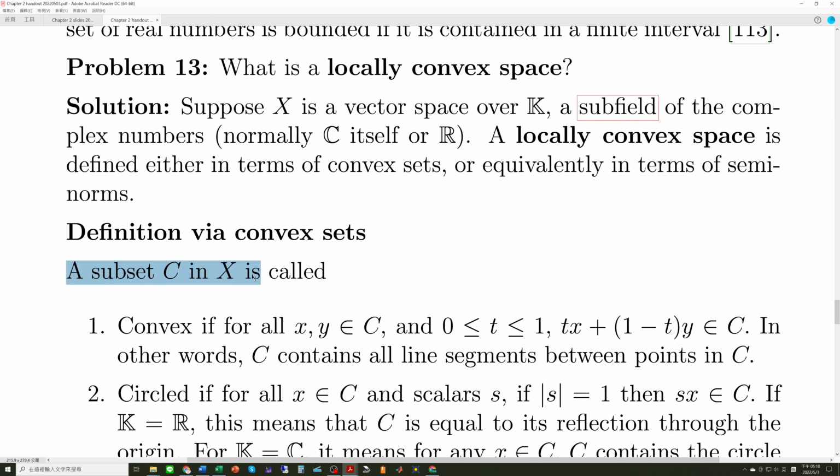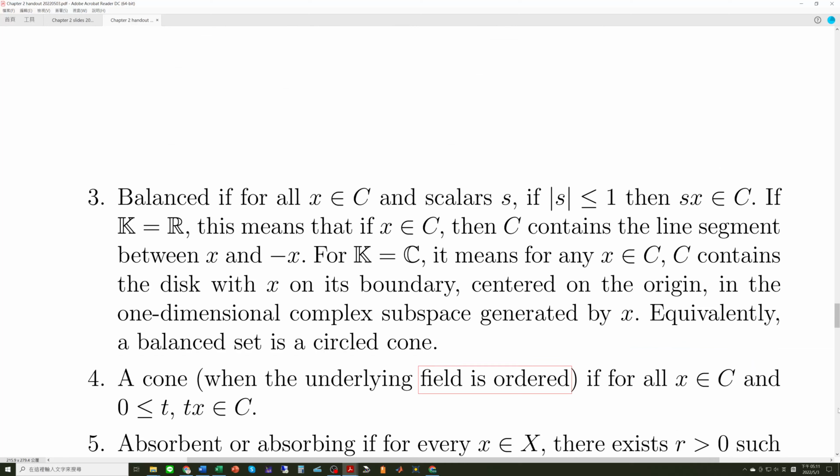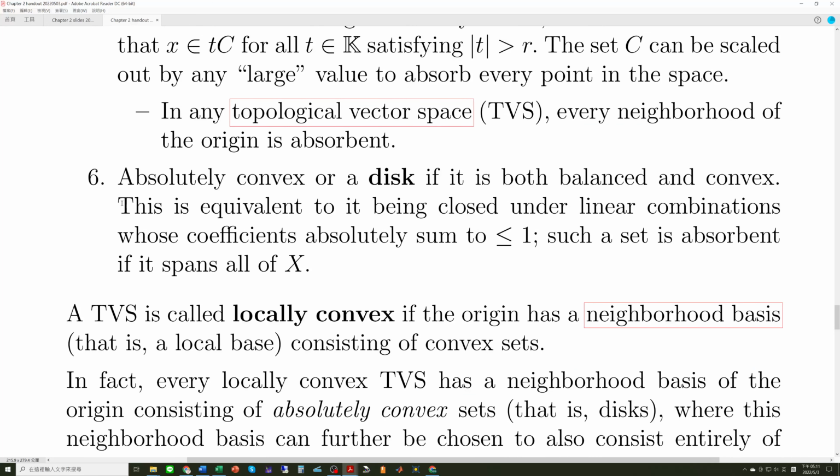Again, a subset C in X is called convex if for all x, y in C and 0 is smaller than or equal to t, and t is smaller than or equal to 1, t times x plus 1 minus t times y is in C. In other words, C contains all line segments between points in C. This is equivalent to it being closed under linear combinations whose coefficients absolutely sum to smaller than or equal to 1.